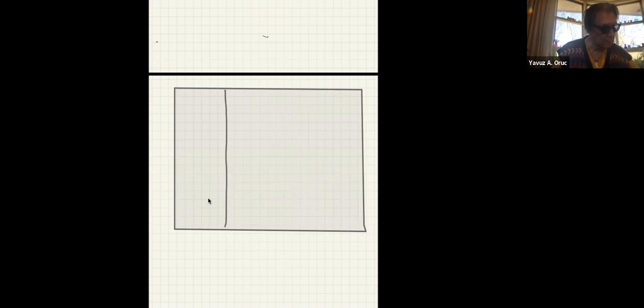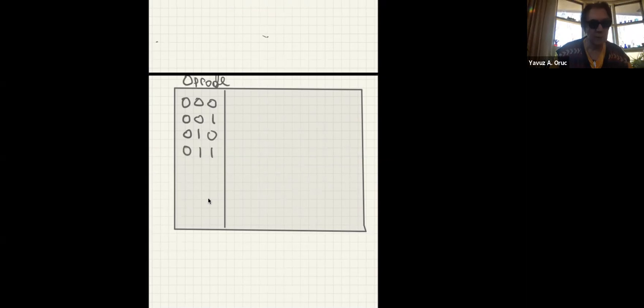It actually does. Okay. So this is my opcode area here. Okay. So let's write these opcodes: 000, 001, 010, 011, 100, 101, 110, 111. We're all writing them in bits.